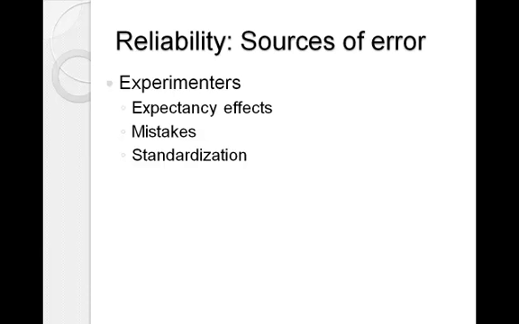Like we talked about, if you're collecting data about kids playing on a playground, you have to have a very clear operational definition and very clear rules about how behaviors will be recorded, which behaviors will be recorded, the frequency, the duration. All that stuff you have to outline very clearly in order to have a reliable measure, because if you don't have clear rules for measuring behavior, then error is going to creep in. It leaves room for bias and also for random error. Okay, so standardization is important.